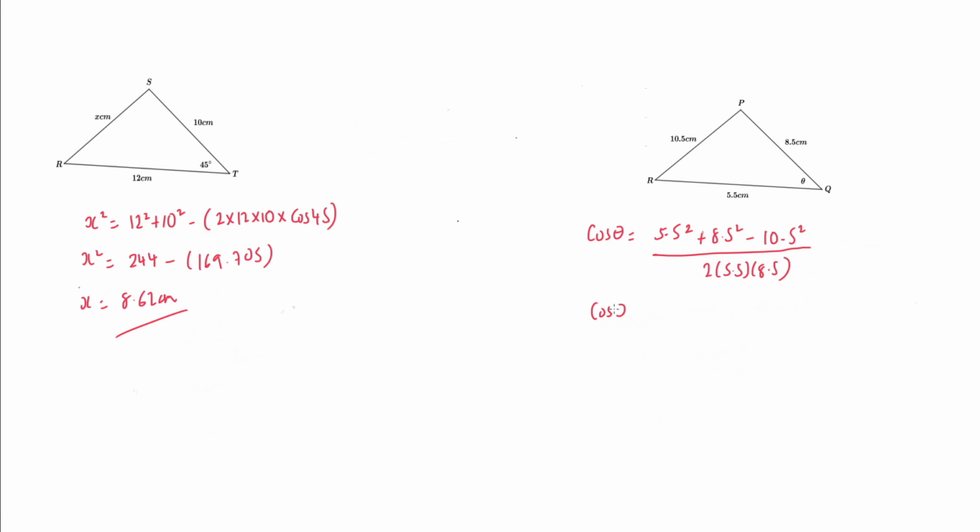So then cos theta is equal to 5.5 squared plus 8.5 squared minus 10.5 squared, and then we divide that by 2 times 5.5 times 8.5. So that answer is going to give a negative anyway, minus 0.08288. Now remember, because you're trying to find the angle, press shift cos of this answer, and your angle should be 94.8 degrees to 3SF.